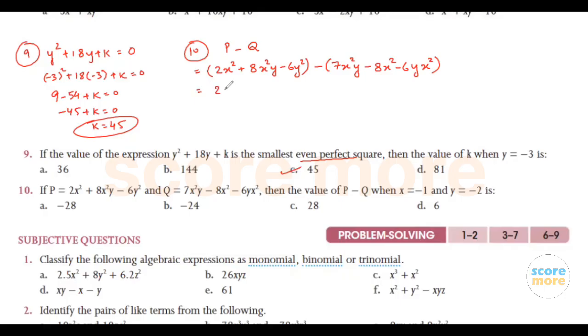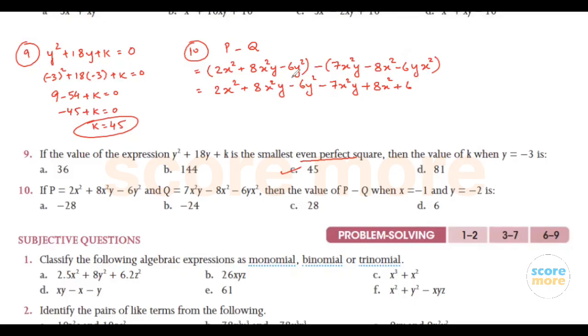Open them. 2x square plus 8x square y minus 6y square minus 7x square y. Now we are opening the bracket and bracket के बाहर है नेगेटिव, तो यहाँ पे साइन चेंज हो जाएगा. सो प्लस 8x स्क्वायर एंड प्लस 6.